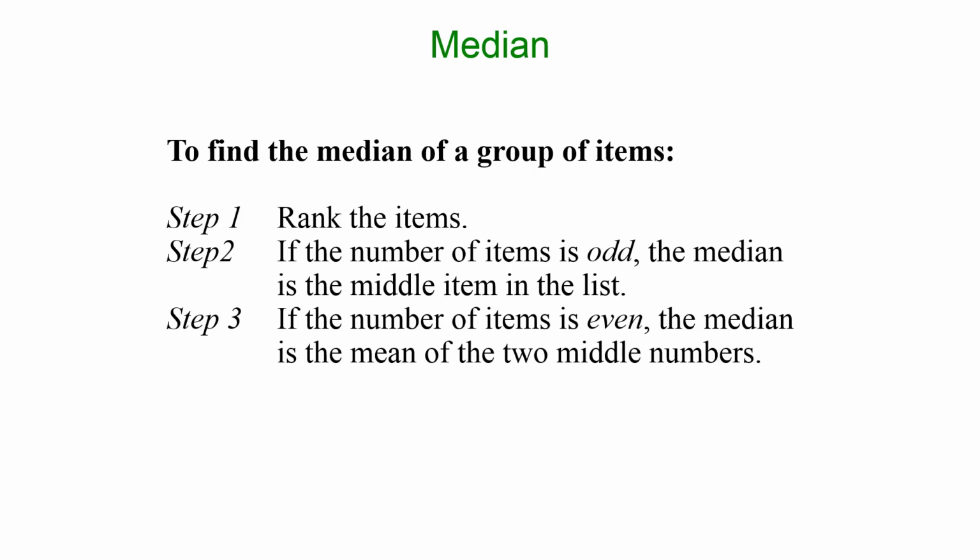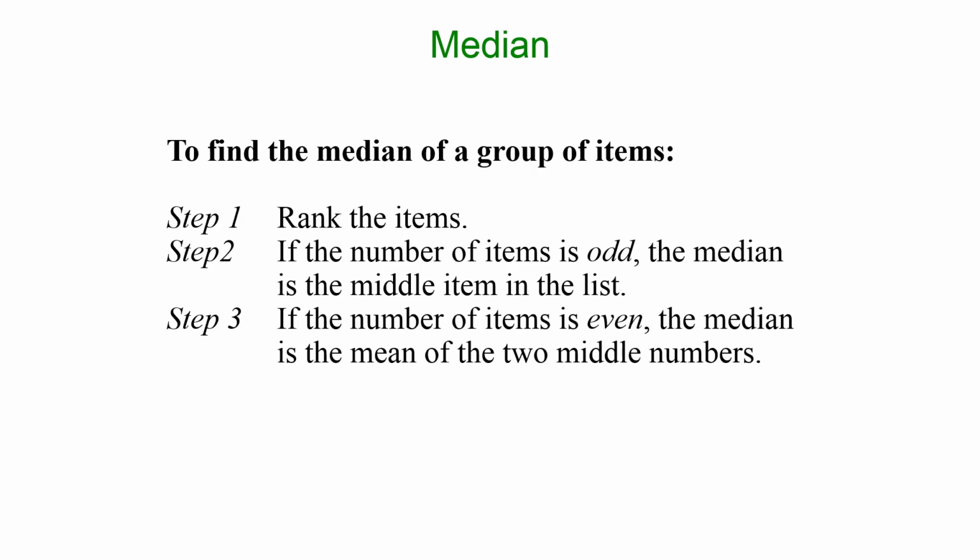So we rank them, we find the middle number, or if it's even, we find the average of the two middle numbers, the mean. But the position of the middle is the important thing.